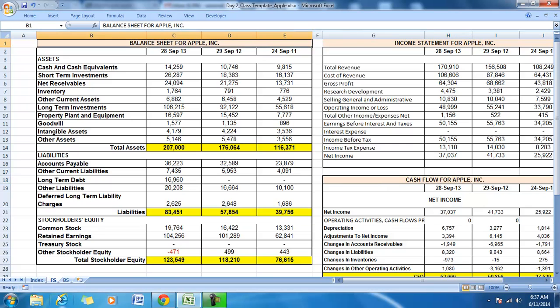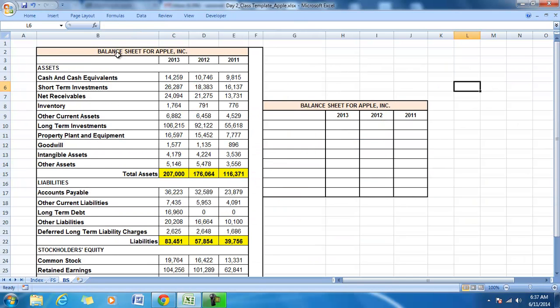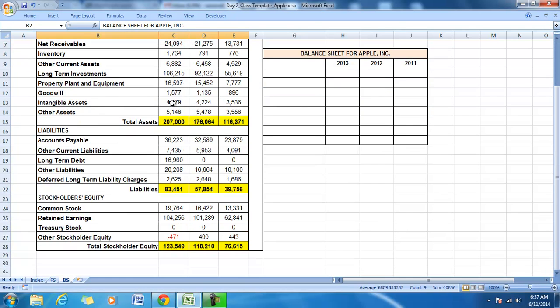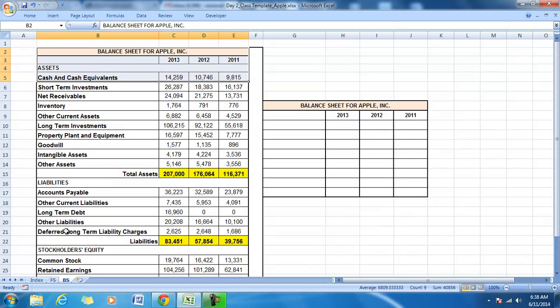So in this session, let us pick up the balance sheet. The balance sheet of Apple for the last 3 years, 11, 12 and 13, is given here. But even in this balance sheet, we can see a large number of items.